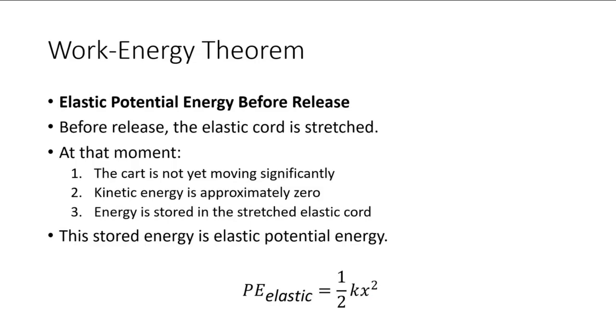At this moment, the energy is being stored as potential energy, and this potential energy is converted into kinetic energy once the cart is released. The energy stored in your cord will be converted into kinetic energy.